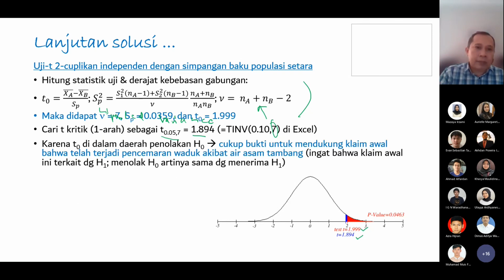Because T0 resides in the H0 rejection region, there's enough evidence to reject H0. In other words, there's enough evidence to support the claim that there has been an increase in chromium content due to pollution. Now remember that the original claim is associated with H1. So rejecting H0 is the same as accepting H1.